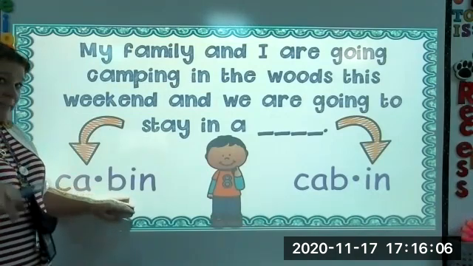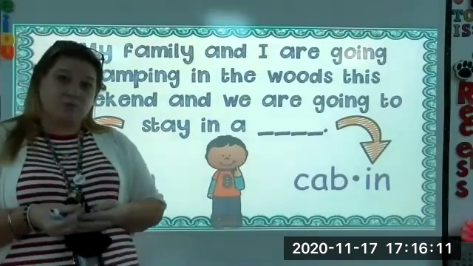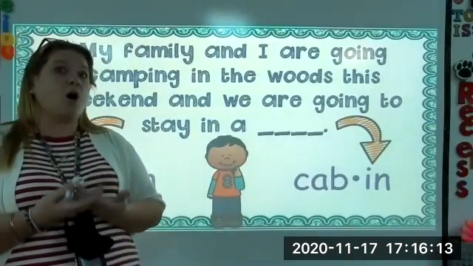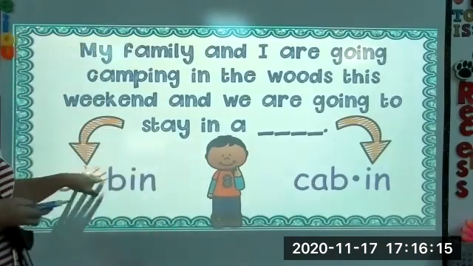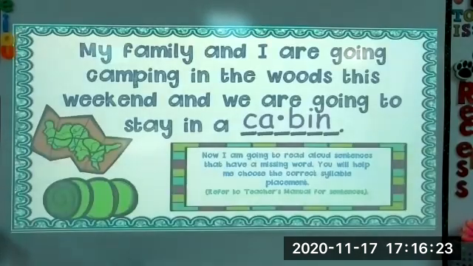But this shows you guys that there's always variations to the rules. They don't always apply. So the correct way to say that word is cabin. That's the one that makes the most sense. My family and I are going camping in the woods this weekend, and we are going to stay in a cabin.